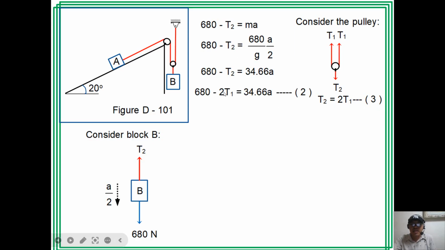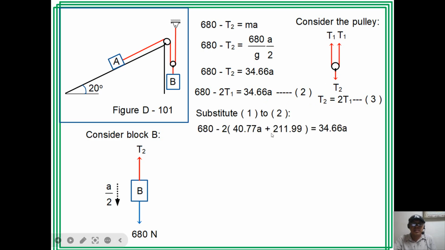So 680 minus 2 T1 equal to 34.66 of a. So I have equation 1 for T1. I can substitute it to equation number 2. No? So we have here T1 is equal to this. So from this, the only unknown is the acceleration a. So that is 2.2, the acceleration of block A.